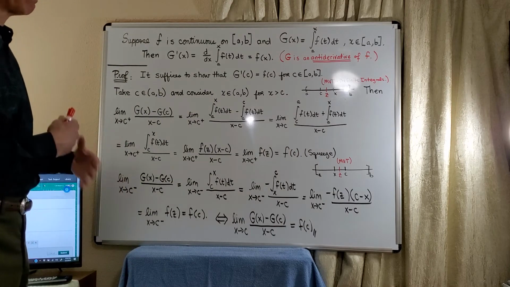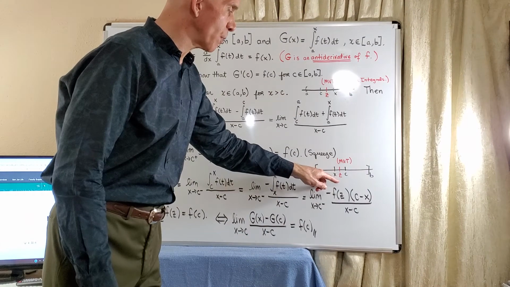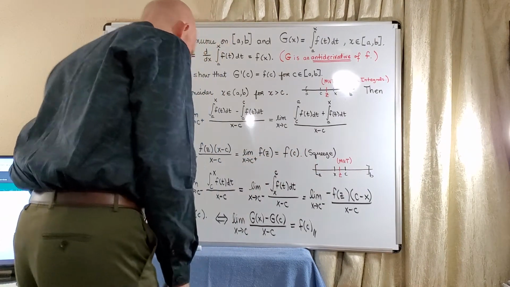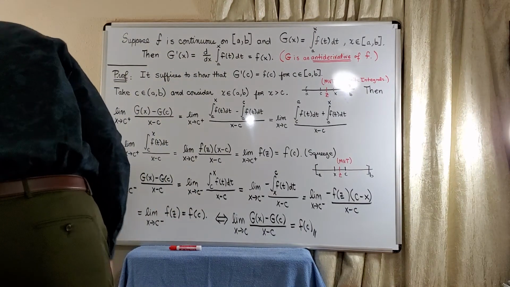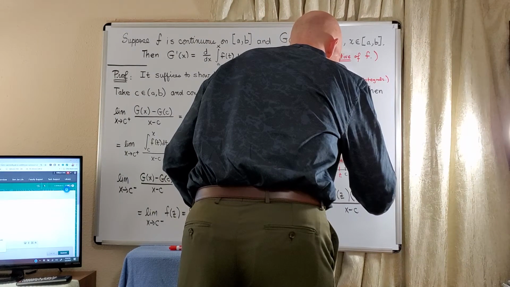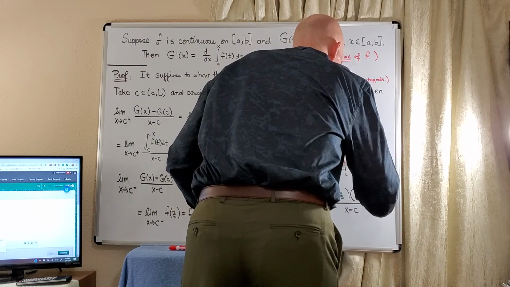Now, just to be complete, let's now consider the case where x is less than c. And if you like, let me go ahead and write that down. This will be the case where x is less than c, just so it's complete and you know what I'm doing.